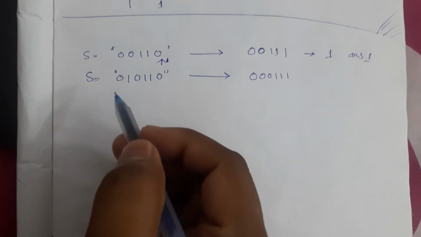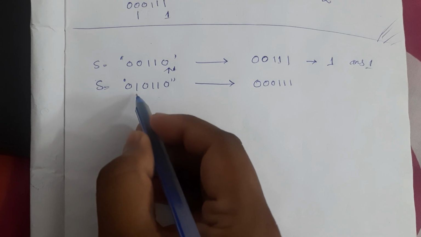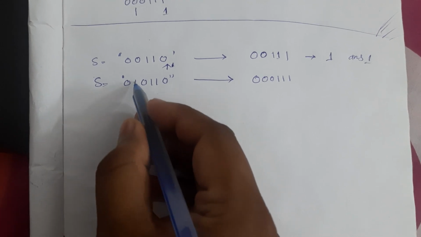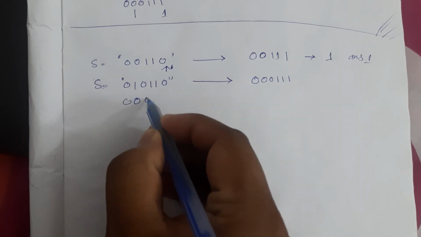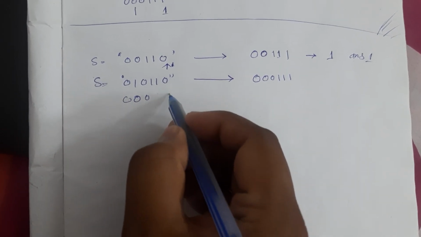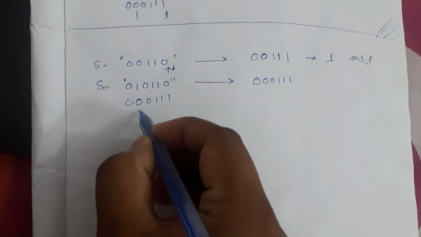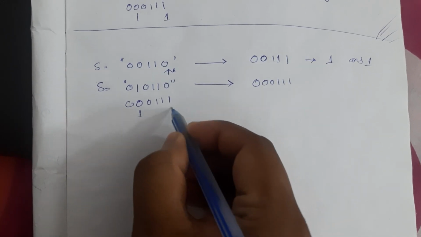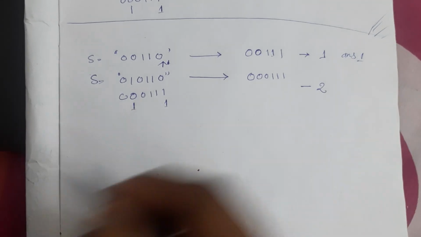In the second example we have 0 1 0 0 1. If you flip the first 1 into 0 and the 0 into 1, it becomes 0 0 0 1 1. So the number of flips is 2, and the answer is 2.